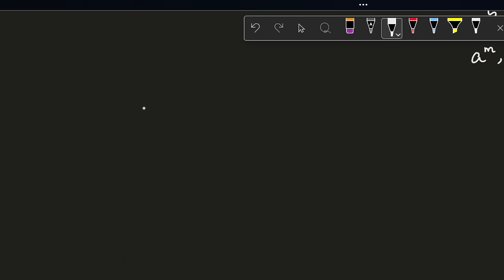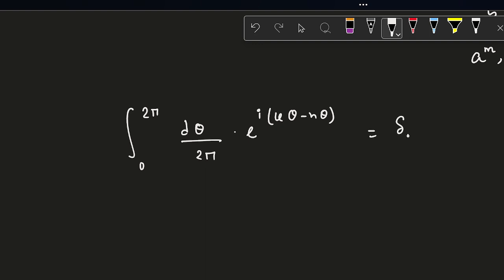So first of all, one thing that will come in useful in our integral solution is that we have to use the definition of the delta function, Kronecker delta. How is that? It is that the integral of d theta by 2 pi e to the power of i (u theta minus n theta) is equal to delta of u comma, let's say, why am I using u and n, let's use simpler terms so that there is no confusion.